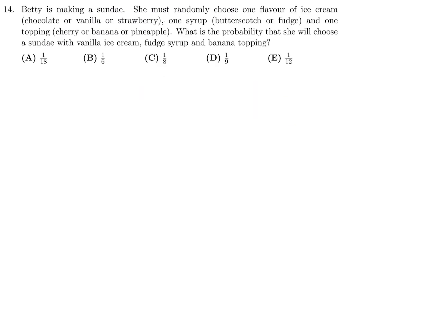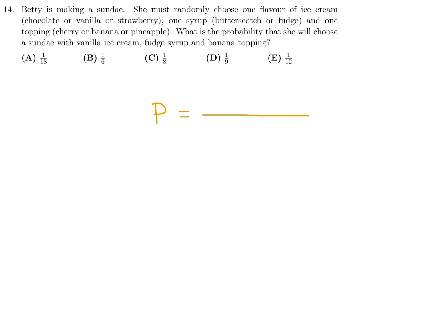Betty is making a sundae. She must randomly choose one flavor of ice cream, chocolate or vanilla or strawberry, one syrup, butterscotch or fudge, and one topping, cherry or banana or pineapple. What is the probability that she will choose a sundae with vanilla ice cream, fudge syrup, and a banana topping? Any probability question is in the form of a fraction, usually, unless it's 1 or 0. And the denominator will be the total number of choices.